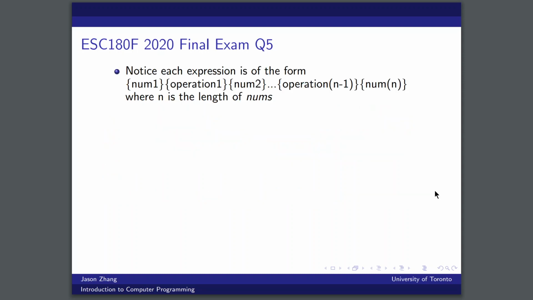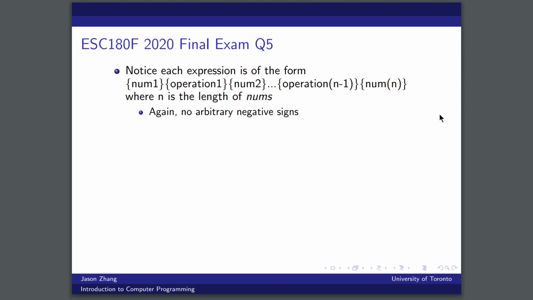Well, what we should note first is that obviously, like in the last example, we have a very specific structure to our expression, which is just alternating numbers and operations until we get to the final number. So we'll have n minus 1 operations and n numbers, where n is the length of the input list nums.